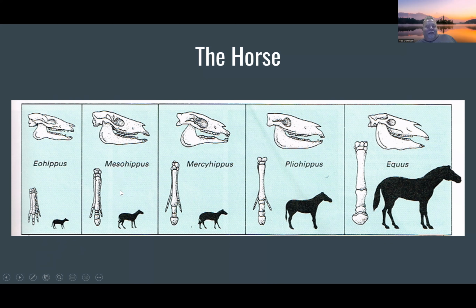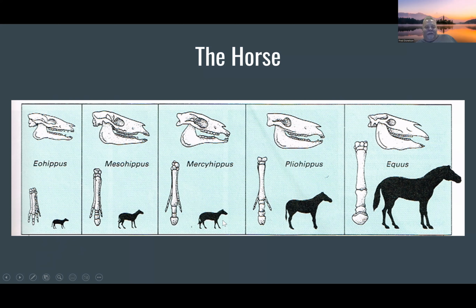But then over a period of time, we find fossils where this four-toed animal seems to change, and we end up having two of the toes fused together. And by this point, it can actually carry quite a little bit more weight.